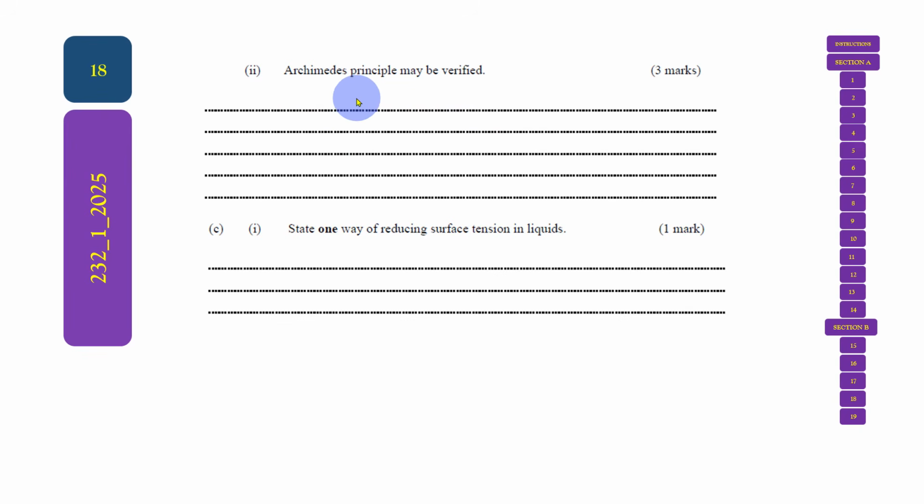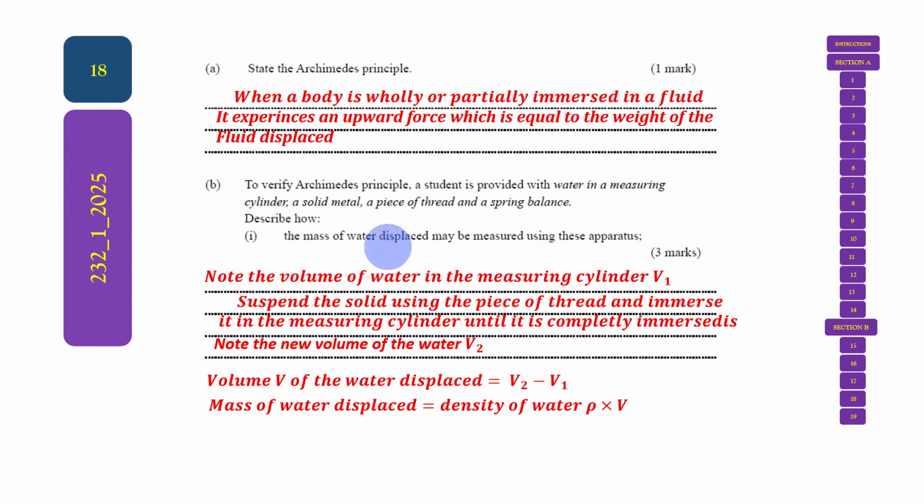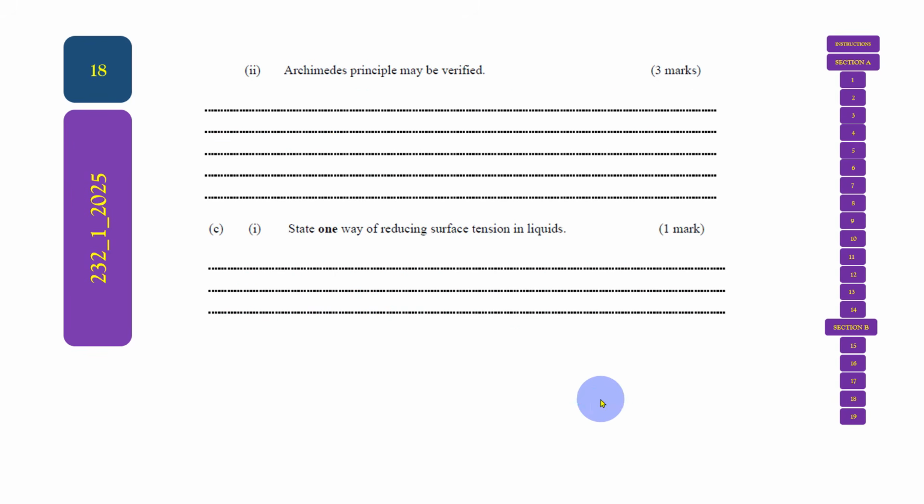That will allow us to find the upthrust. And then, remember, we already know the mass of the water from the previous part. We can calculate the weight of this water displaced. So we are going to compare that upthrust with the weight of the water displaced.